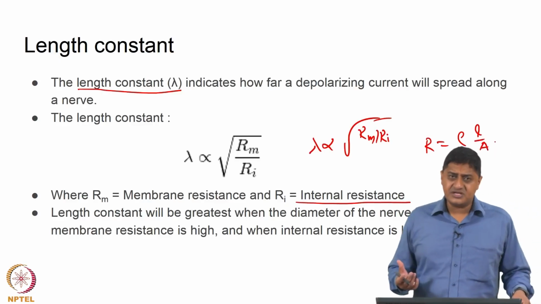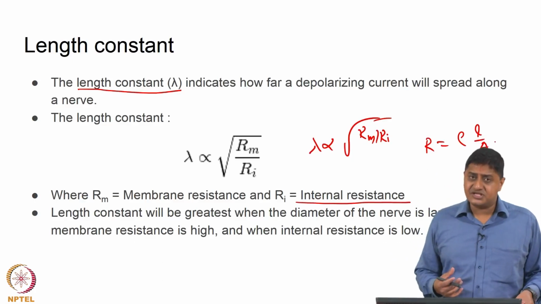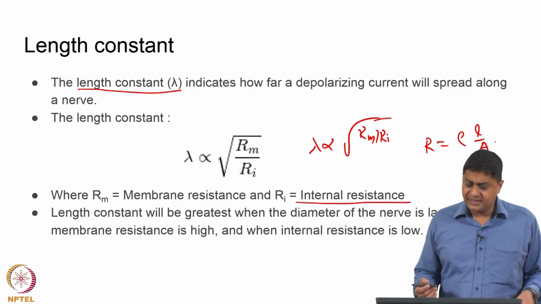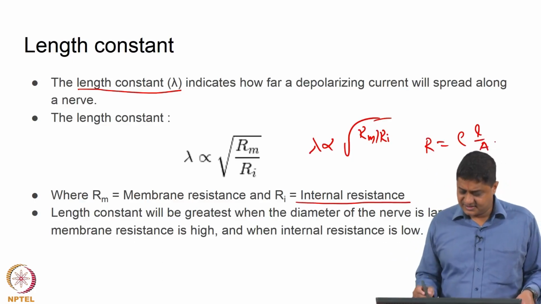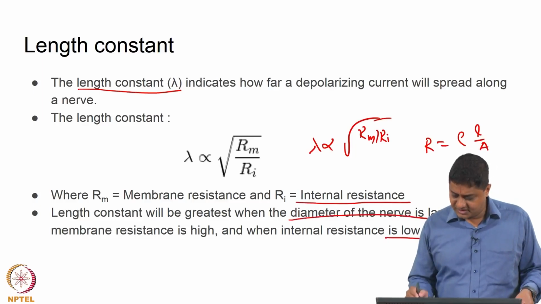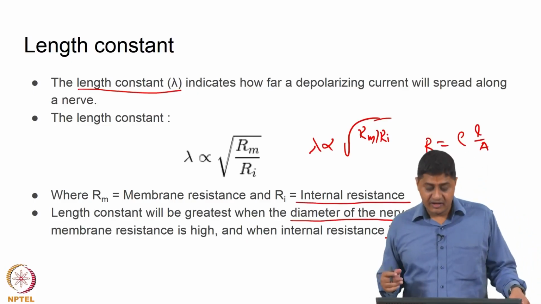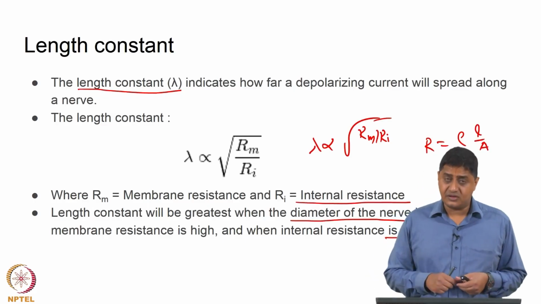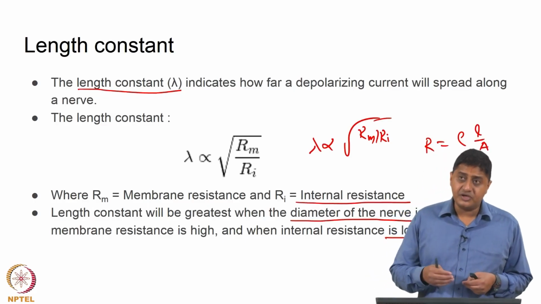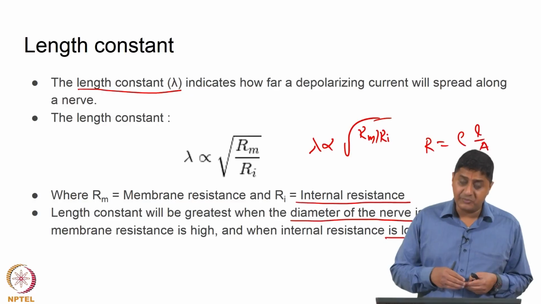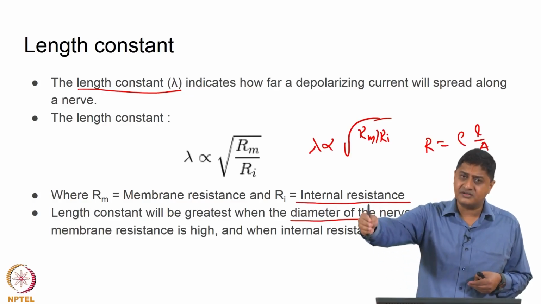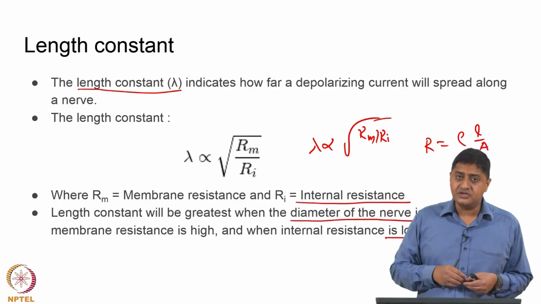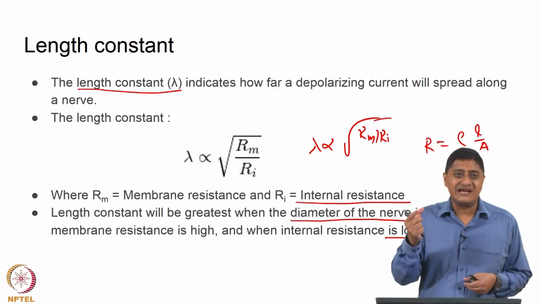A similar situation is true in the biological membrane. The internal resistance is low when the diameter of the neuron is large, right. So, one way for me to have a relatively large length constant, to ensure that the depolarizing current will travel a far distance, is to ensure that the nerve diameter is relatively large.